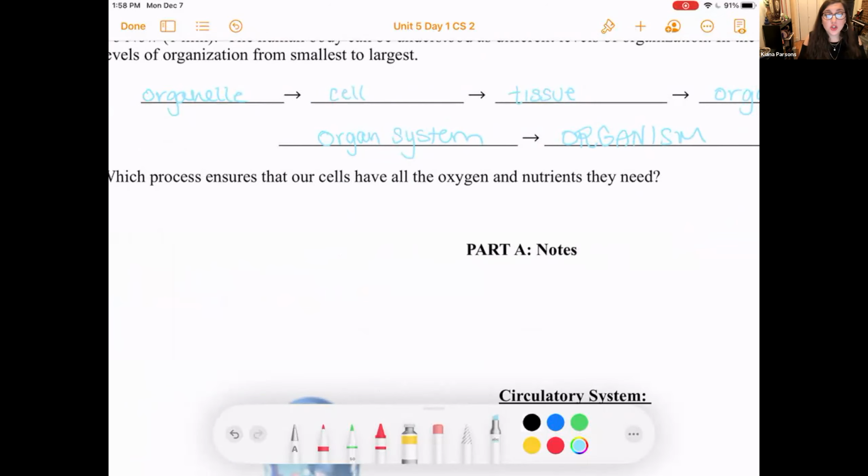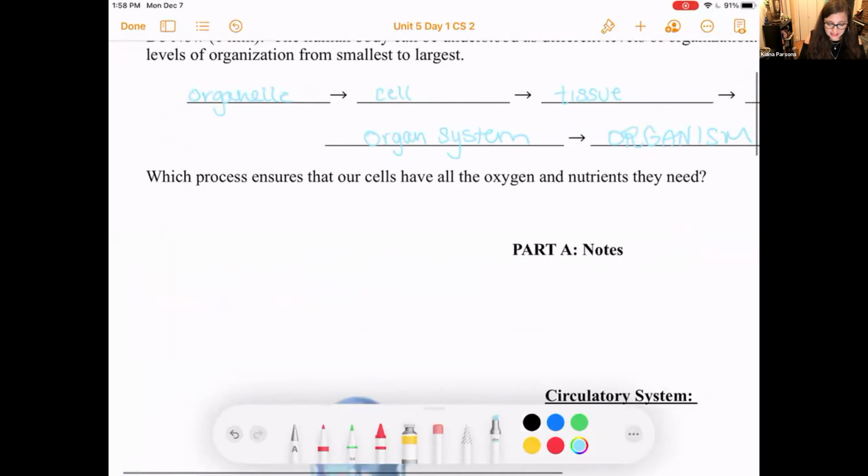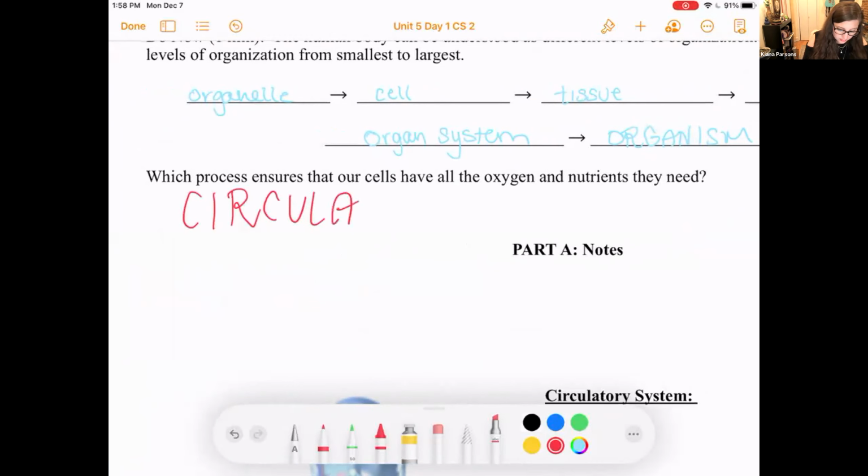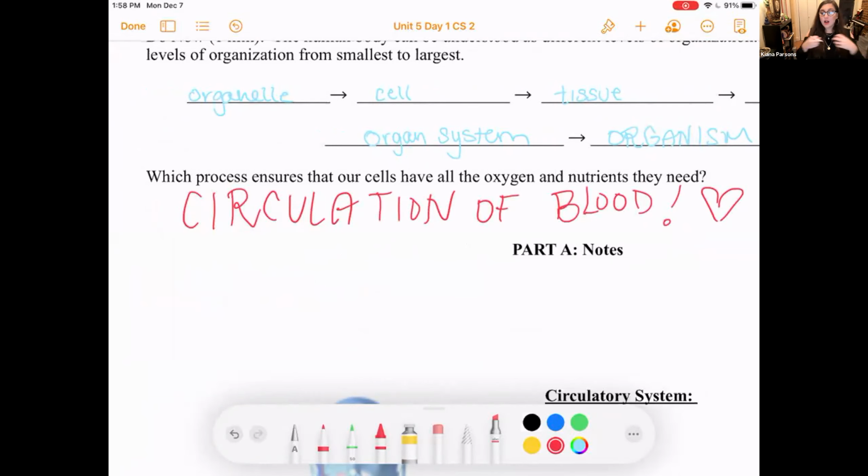Which process ensures that our cells have all the oxygen and nutrients that they need? Circulation of blood. And that happens by our heart pumping the blood throughout all of our blood vessels.